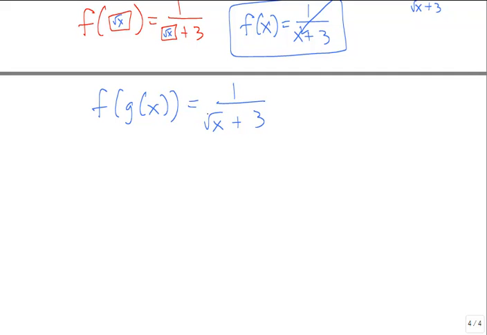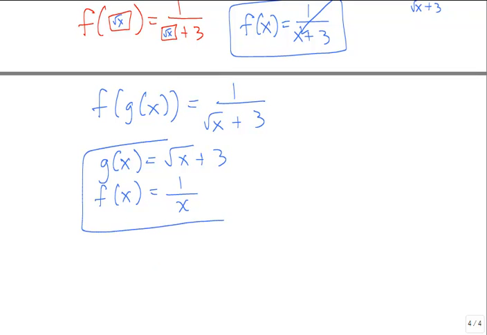You could let this whole denominator be your g of x. So let's let g of x this time be square root of x plus 3. Then what would f of x have to be? What do you do with this square root of x plus 3 to get this rule? You have to do 1 over it, right? So the rule for f must be 1 over its input. In other words, 1 over x.